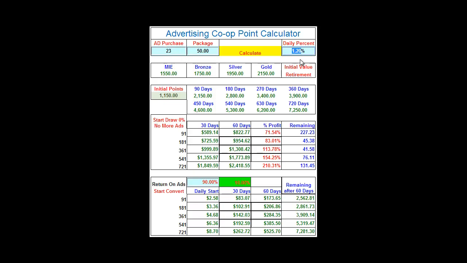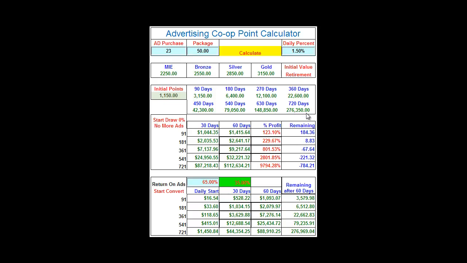Let us first change the daily percentage to 1.5%. Next, we're going to adjust the rebuy to 65% and therefore have a 35% daily return. Notice that our key control number, which is points left after 60 days, or 276,969.04 points, is still larger than the starting 720-day points of 276,350.